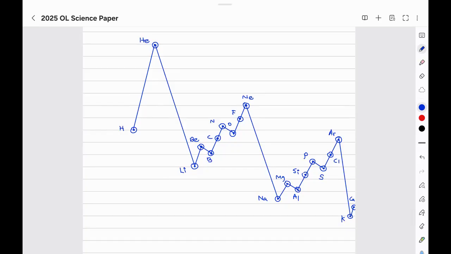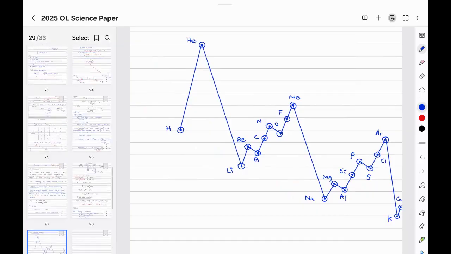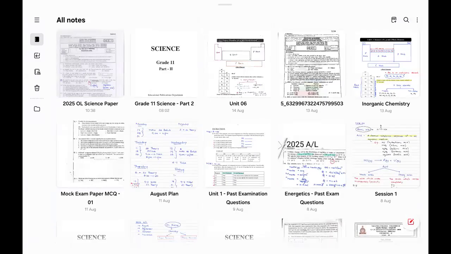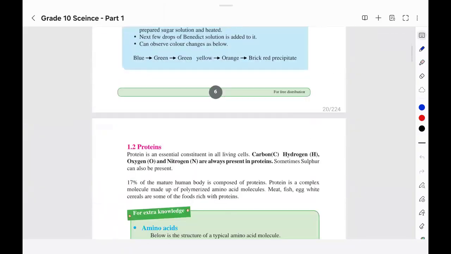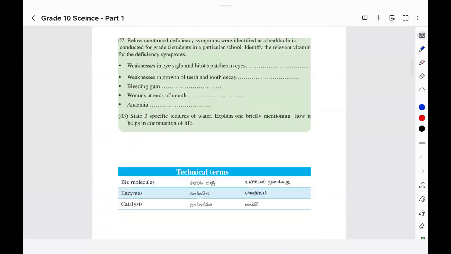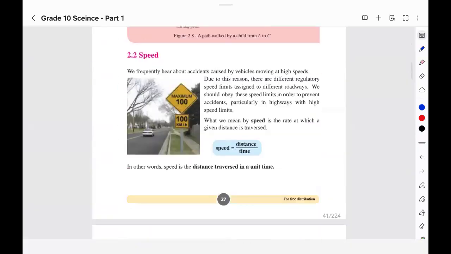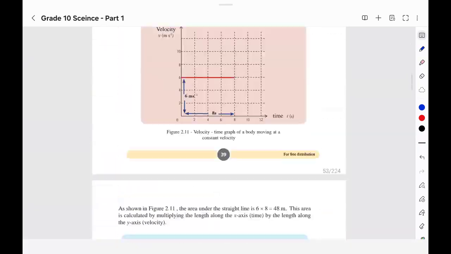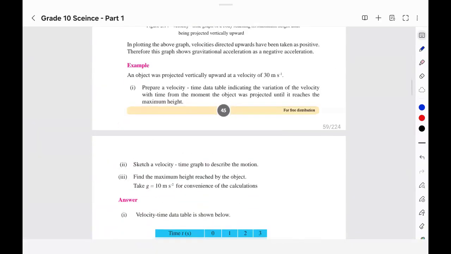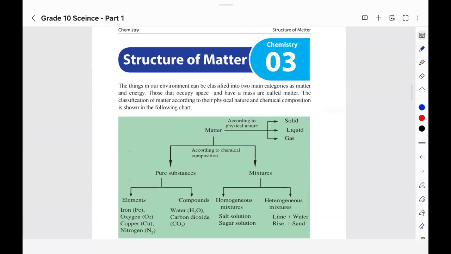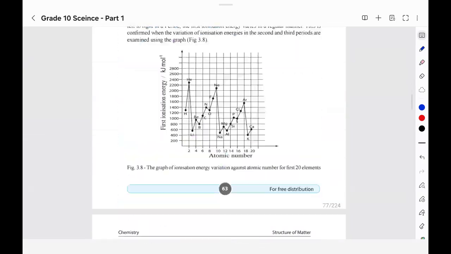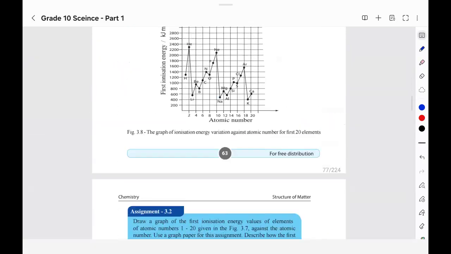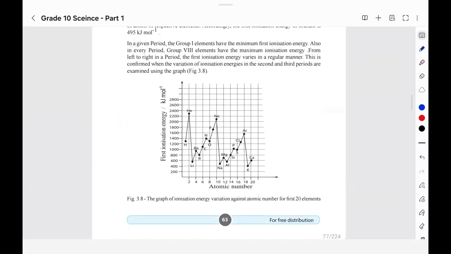Is it clear? Let's see the graph they have given in your textbook. Look at this.